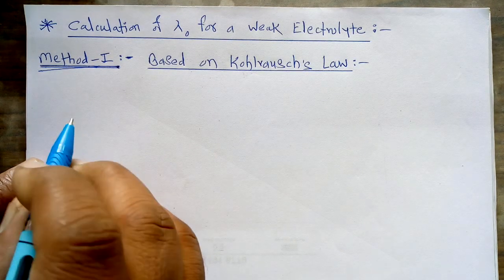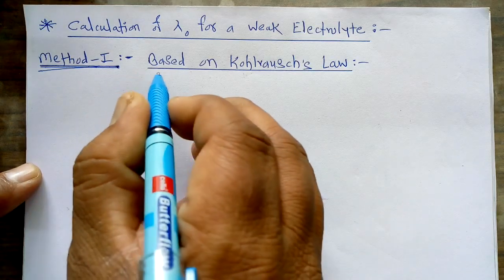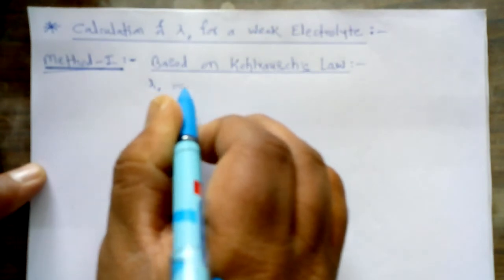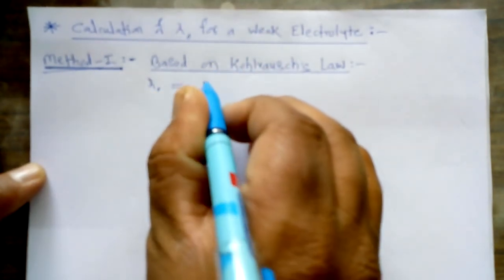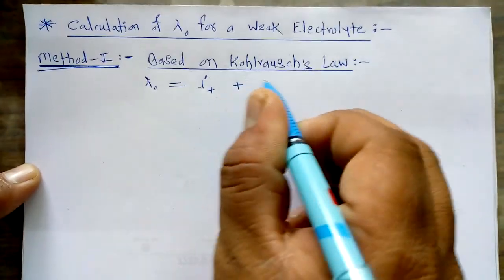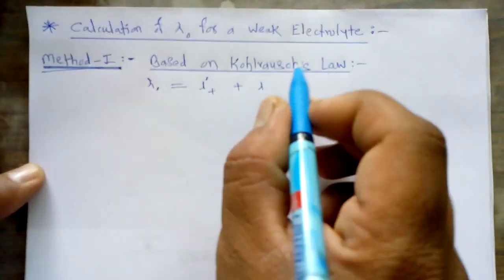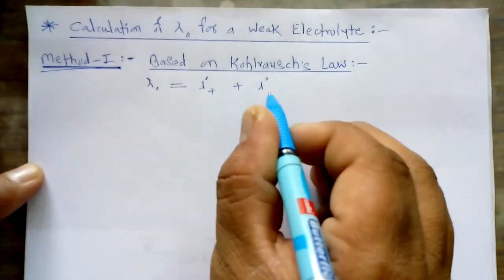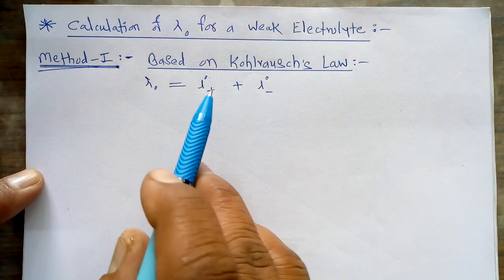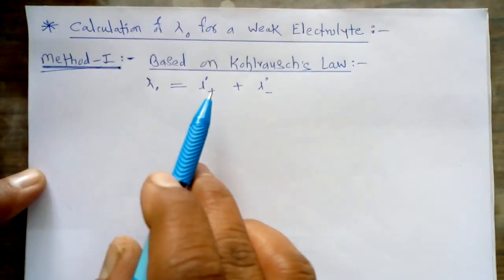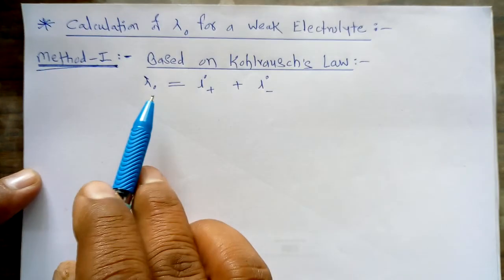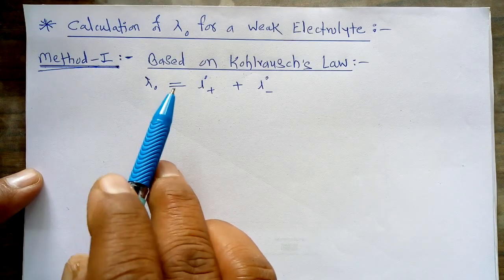That equation is: lambda 0 is equal to the equivalent ionic conductance at infinite dilution for cations plus the equivalent ionic conductance at infinite dilution for anions. If we take the summation of both these, we get the overall lambda 0 for the weak electrolyte.